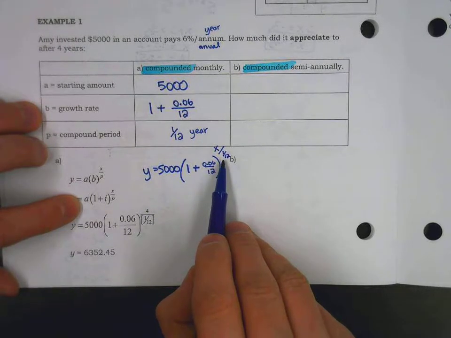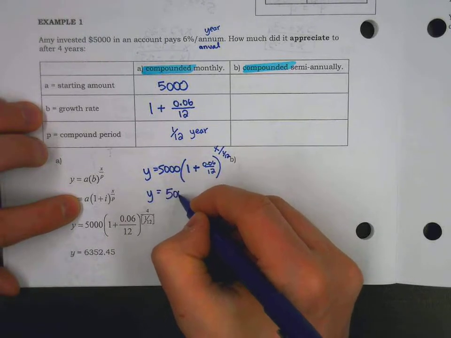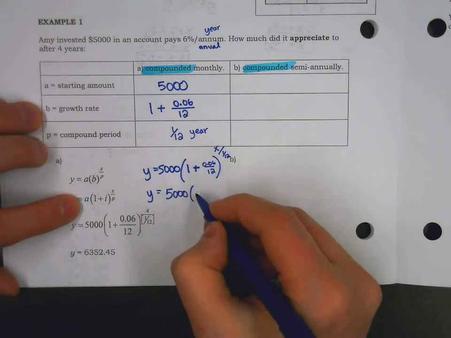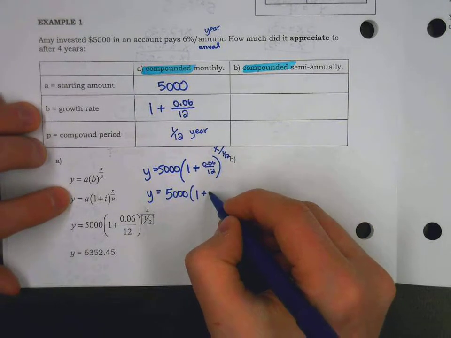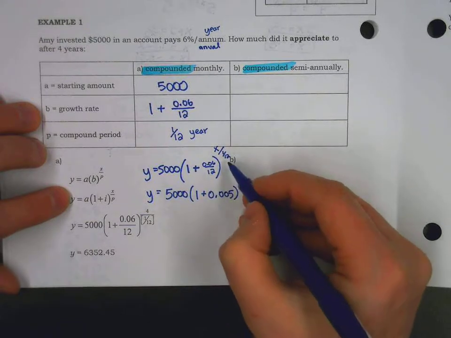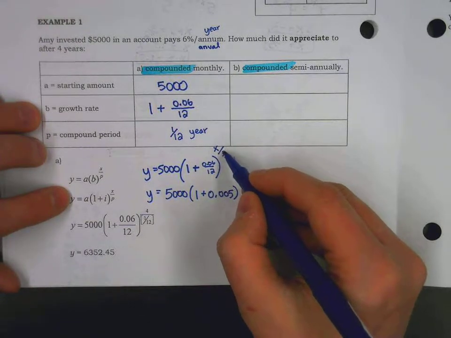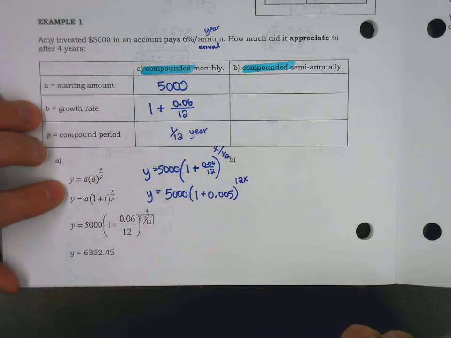Again, that is challenging. So what this starts to look like as we tidy this up is we've got $5,000, and we've got 1 plus 0.06 divided by 12, which is 0.005, to the power of x divided by 1 over 12, which could tidy up a little bit to be 12x.